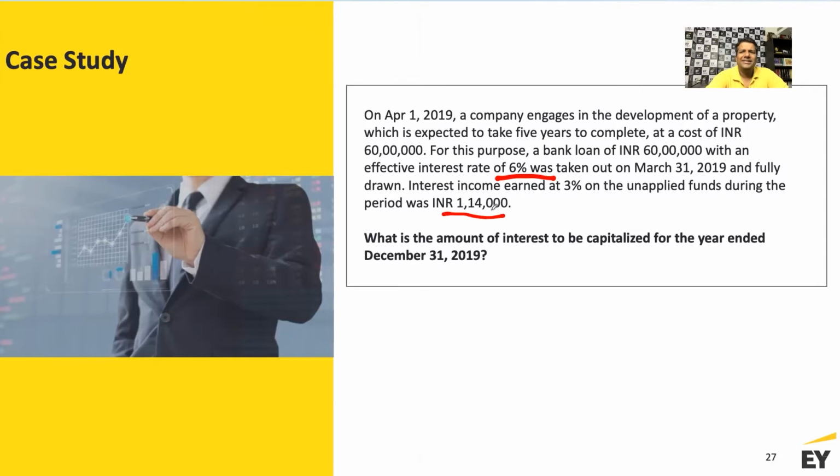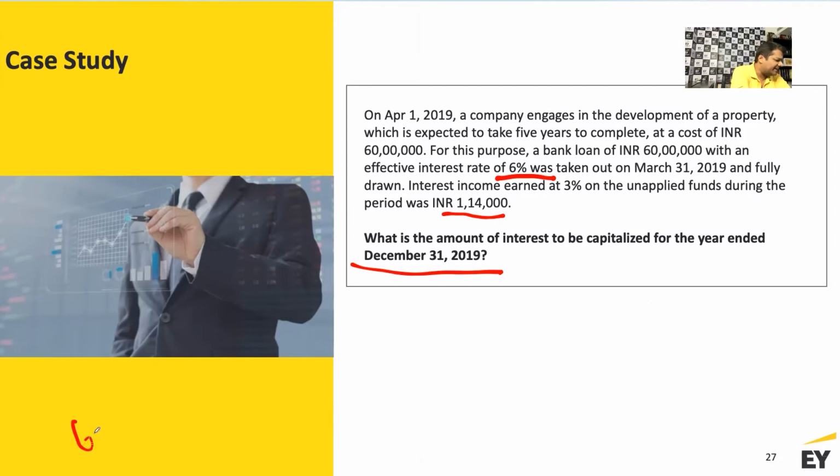The question is: what is the amount of interest to be capitalized for the year ended December 31st, 2019? I borrowed money on 31st of March 2019, which means we're talking about a 9-month period, not a 12-month period. So these dates are very important for you to get right.